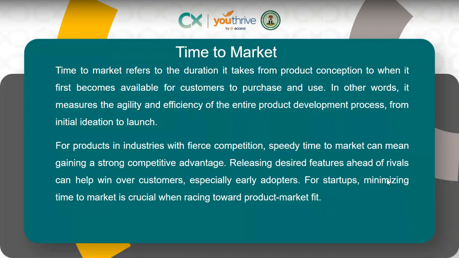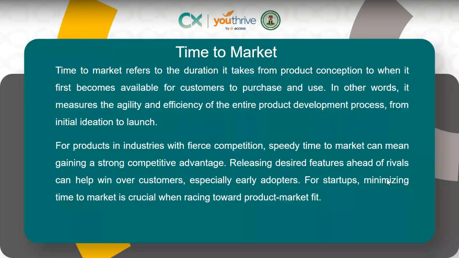All right. So if your product is in a very saturated market, the ability to quickly bring your product to the market is a very important skill that you should measure so that you can improve on it. Or not just the product, the feature.